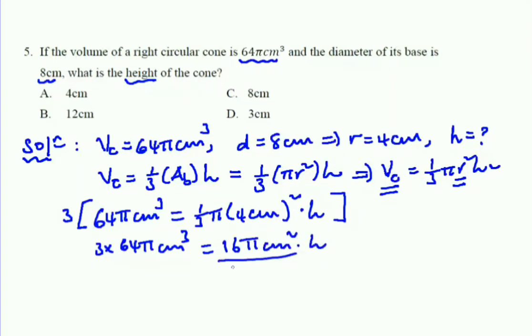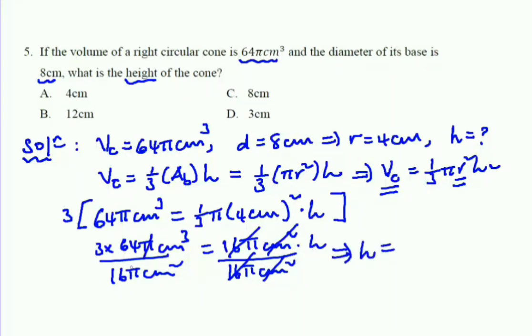Now divide both sides by 16 pi centimeter square. So the h value becomes, now we can cancel this one, 4 by 16 is 1. 3 times 4 is 12. Therefore the height of this right circular cone is 12 centimeter.